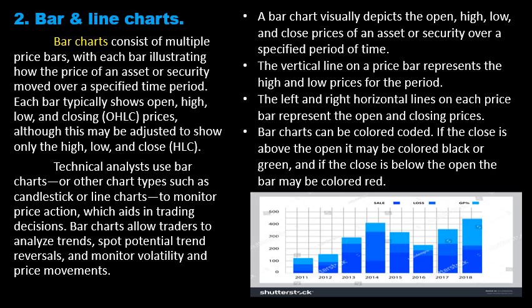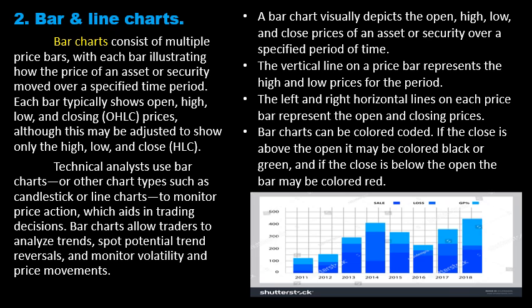Bar charts allow traders to analyze the trend, spot potential trend reversals, and monitor the volatility and price movements of a security. A bar chart visually depicts the open, high, low and close price of a security in the stock market in a particular period.